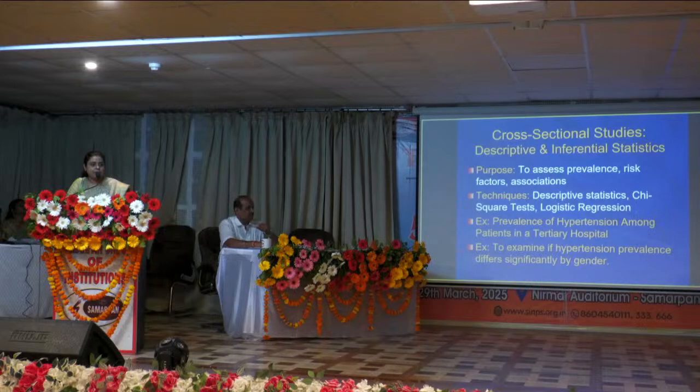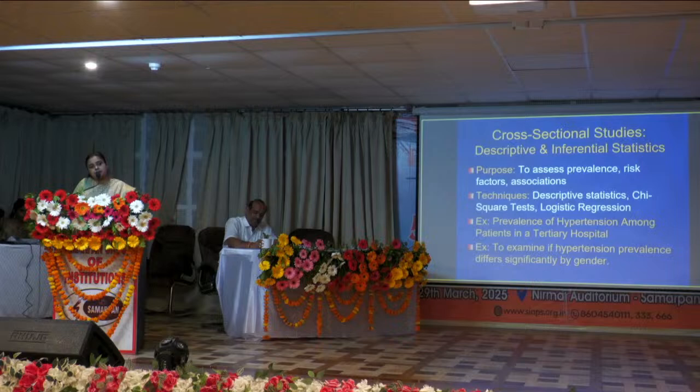So what kind of studies can we do here? The purpose is to assess what kind of prevalence rate there is for a certain disease, or what the risk factors associated with a certain disease are. When these are the objectives you have in mind, then a cross-sectional study is the kind of study you would conduct.